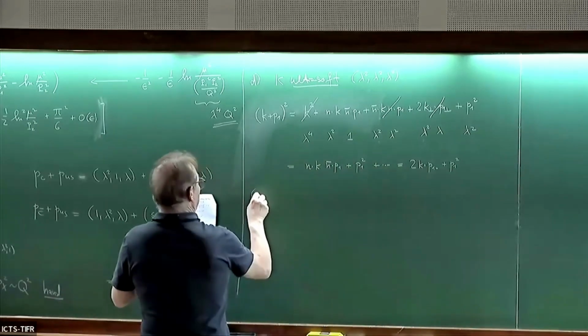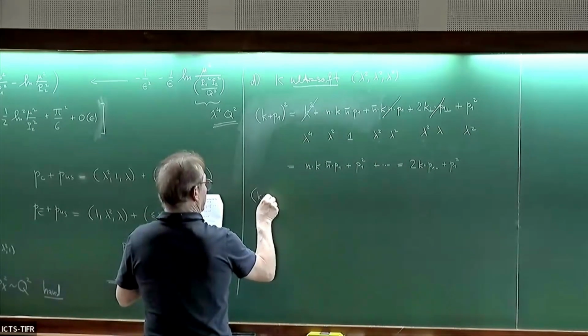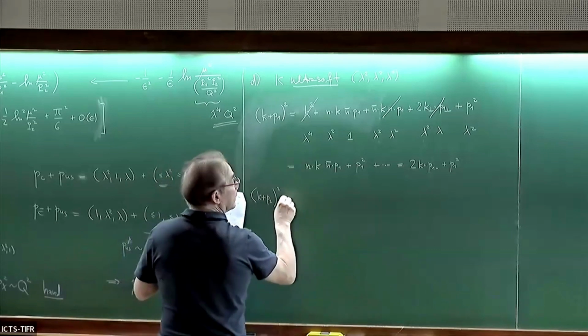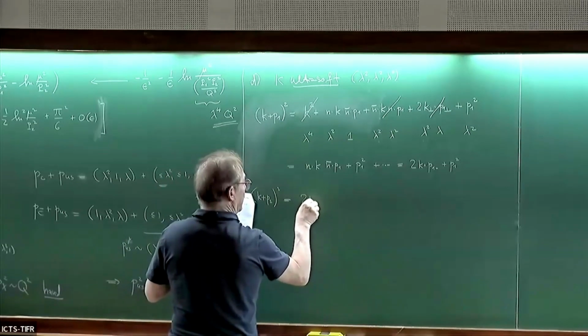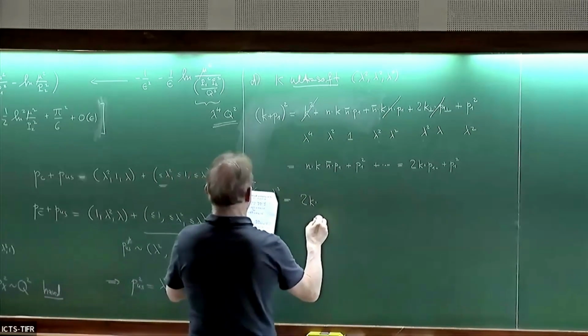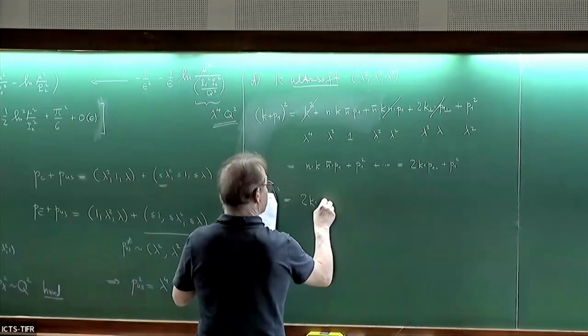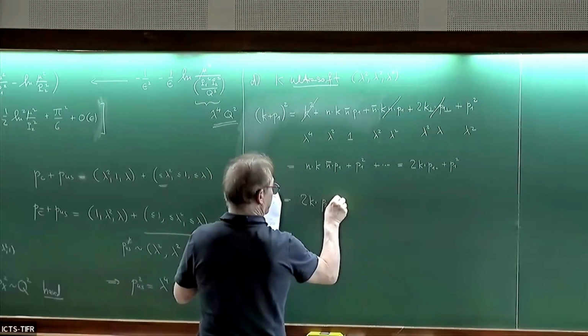And K plus P2 is completely symmetric. This is 2K dot P2 plus P2 squared.